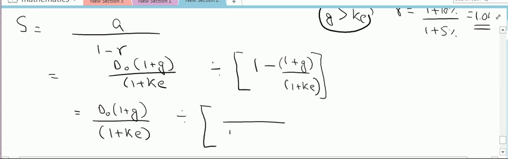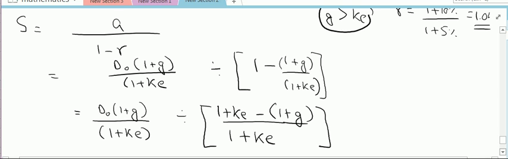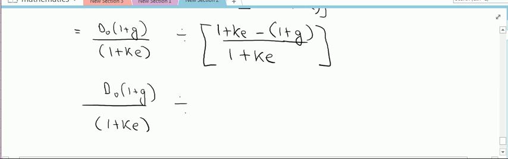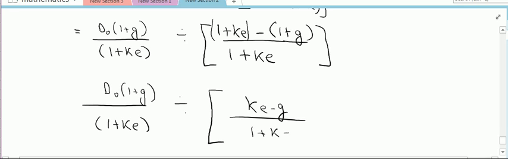Let's first take the LCM: (1 plus ke) minus (1 plus g). Now if I solve it, d0 (1 plus g) divided by (1 plus ke), divided by (1 plus ke) minus (1 plus g), which is ke minus g divided by (1 plus ke).